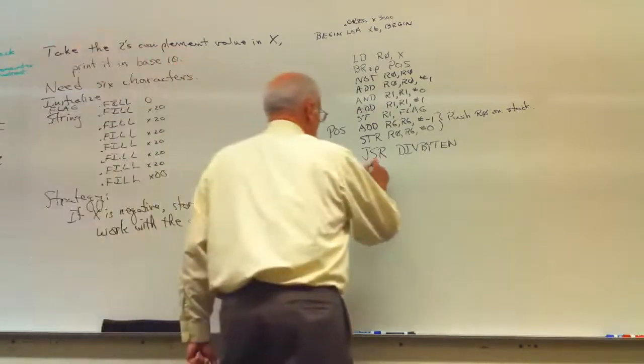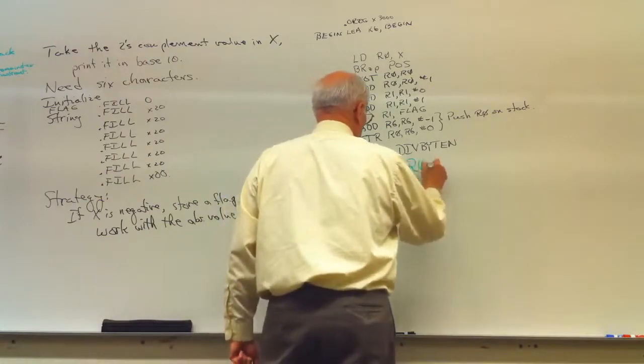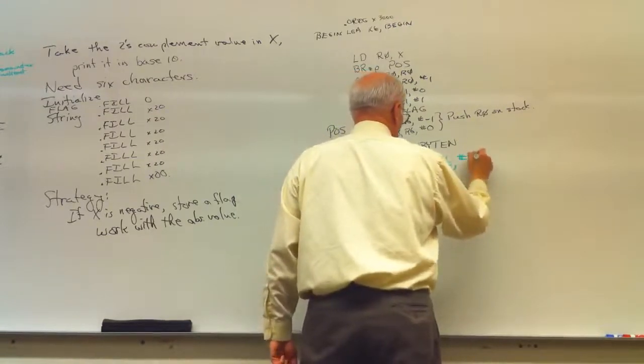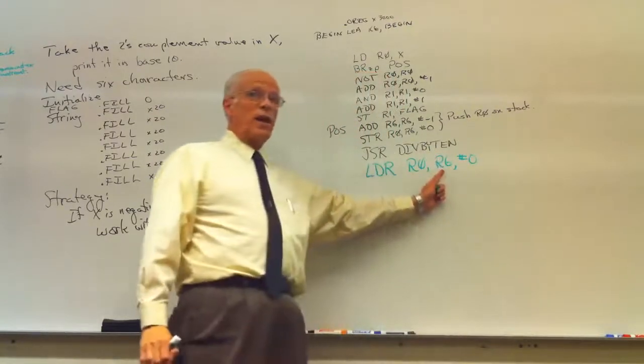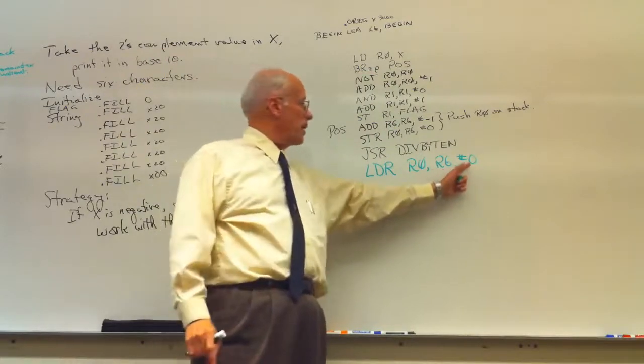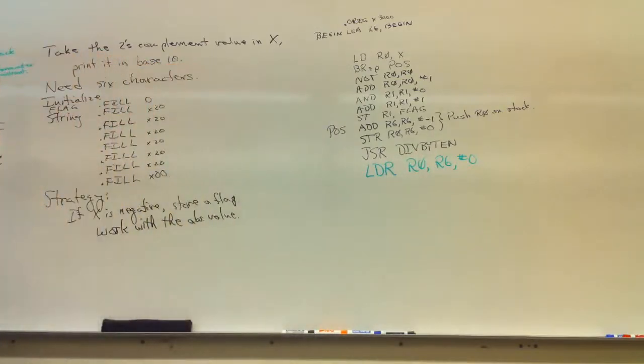So if I do a load relative register 0, register 6 is my stack pointer. It's got the address of the top of that stack, and I'm not moving away from the top. Now, that's the actual value of that last digit.